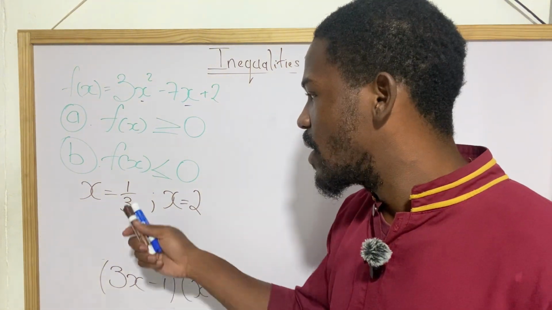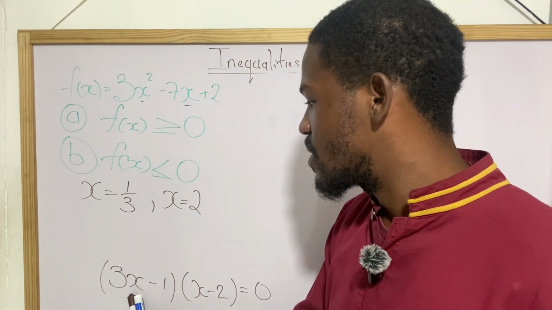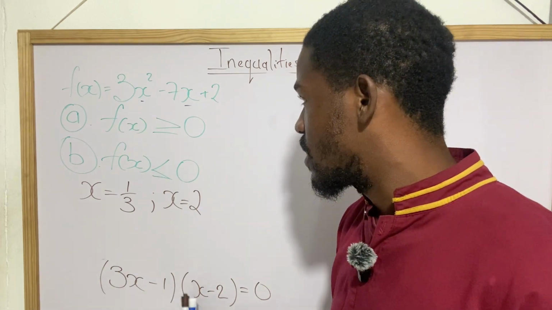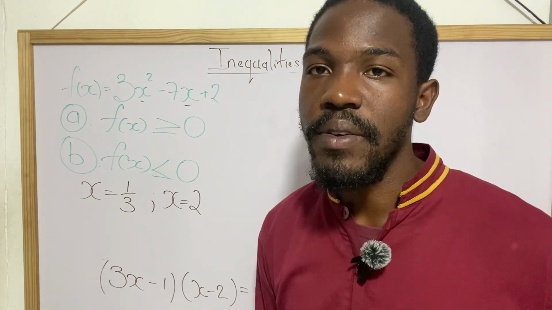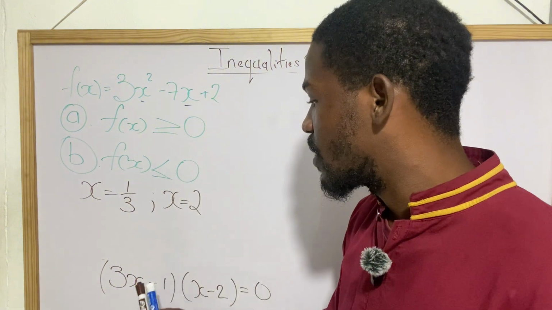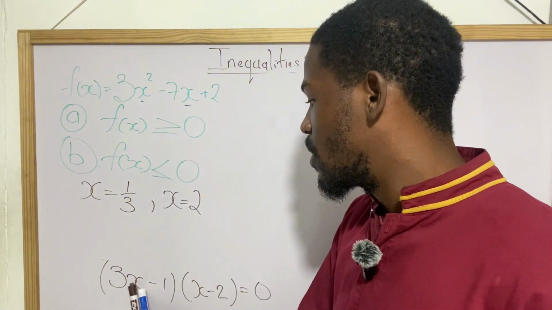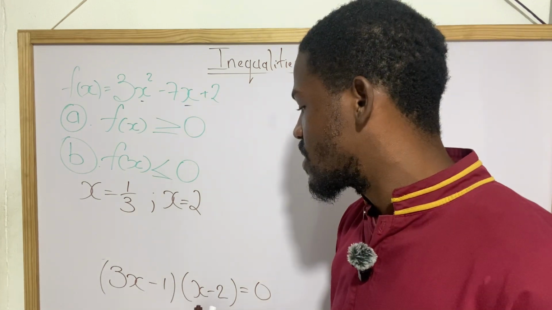So if we were to plug in a third into this right here, let's just use this to work out our answer. It's the same thing, but this is factorized. And factorization is just a way of simplifying algebraic expressions. So this and this are the same thing. But we're going to use this because this one is easier to work with, right? So this is more simplified.